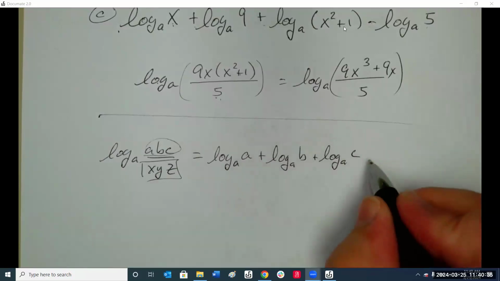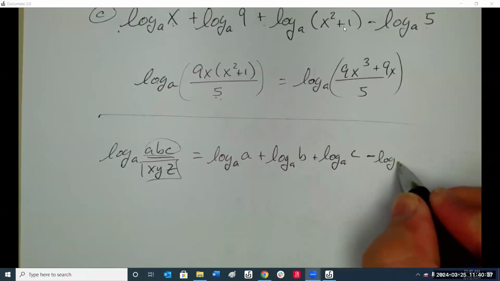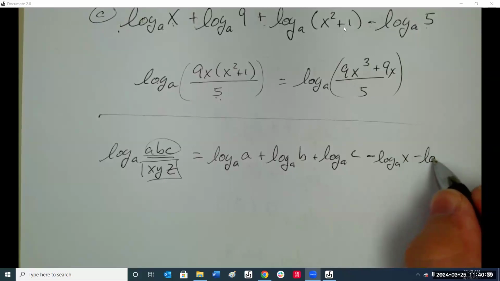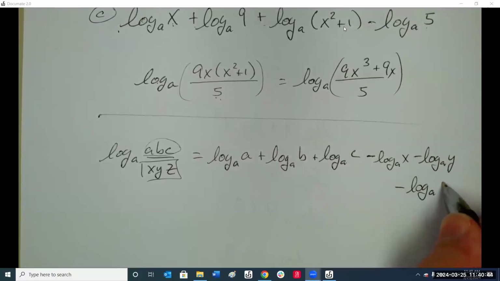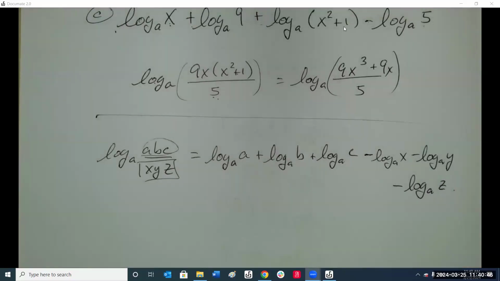All these on the bottom will have a minus in front of them. That's all there is to it.